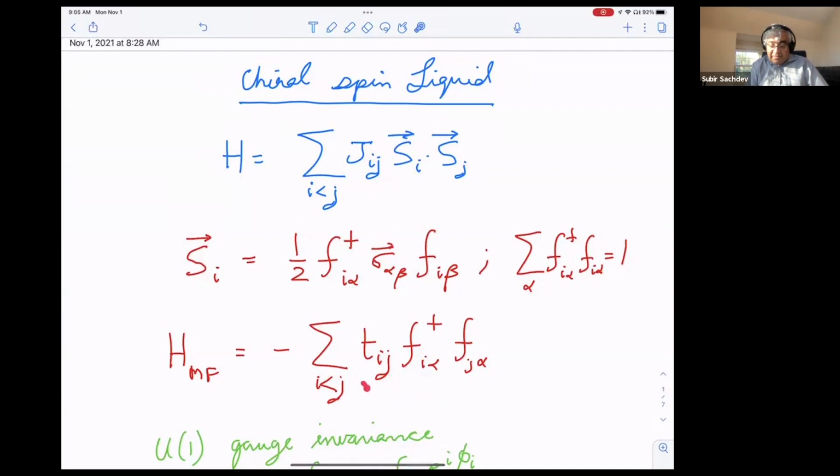We're also going to make the Tij complex numbers, at the mean field level, and this will have the consequence of breaking time reversal symmetry. And that turns out to be actually quite important for the structure of the chiral spin liquid. So the system spontaneously breaks time reversal symmetry and also some kinds of inversion symmetry, hence the word chiral.